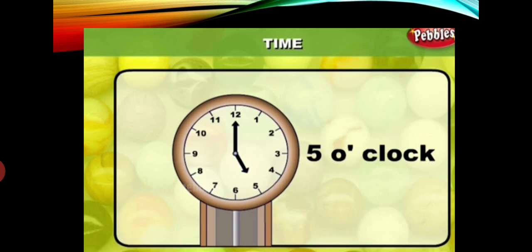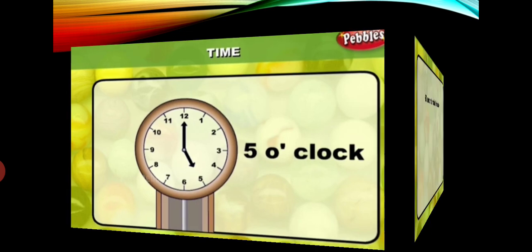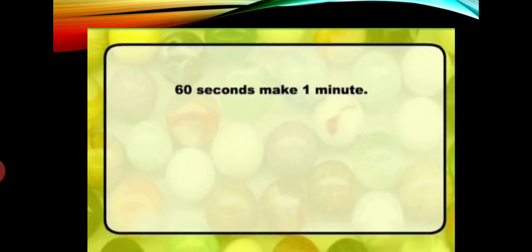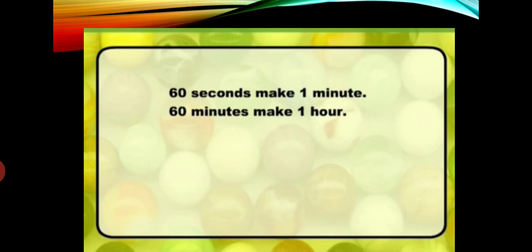एक मिनट में कितने सेकंड्स होते हैं? In a minute there are 60 seconds. Okay, this thing we will learn one after another. So 60 seconds make a minute. And 60 minutes make 1 hour.